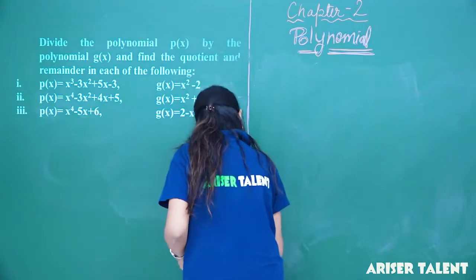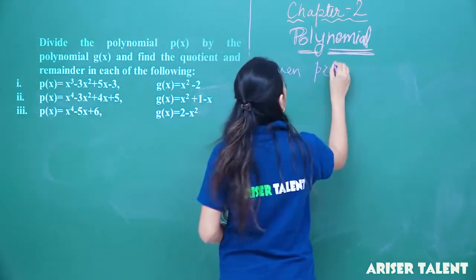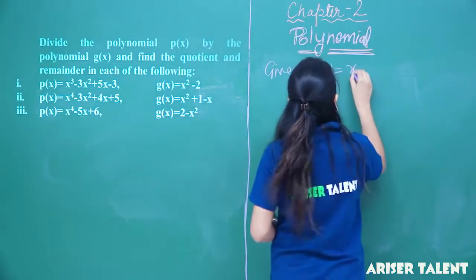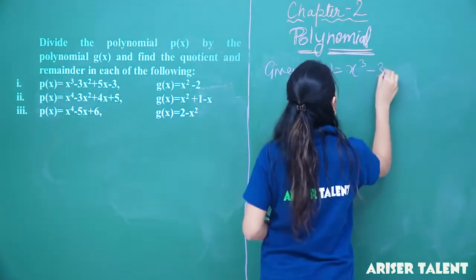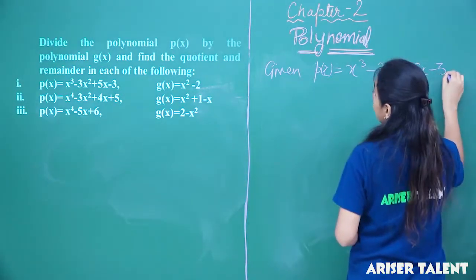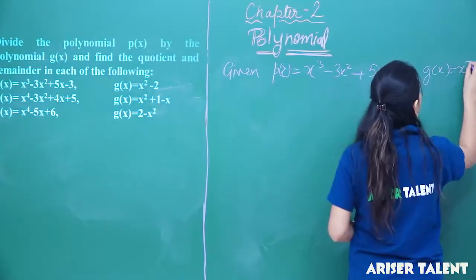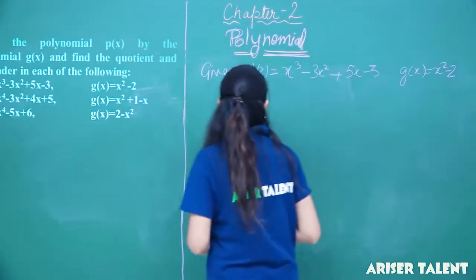So, we are having given px equals to x cube minus 3x square plus 5x minus 3 and gx equals to x square minus of 2.